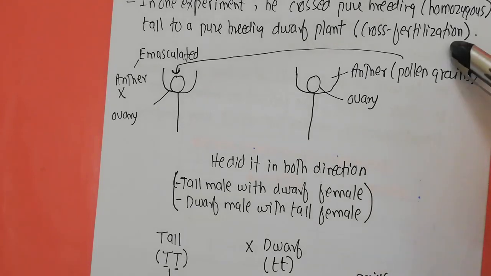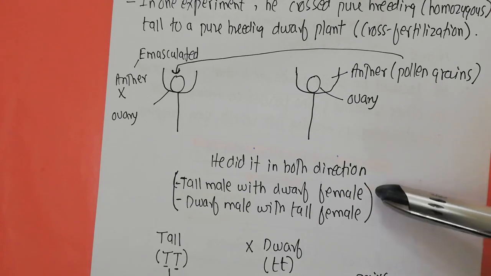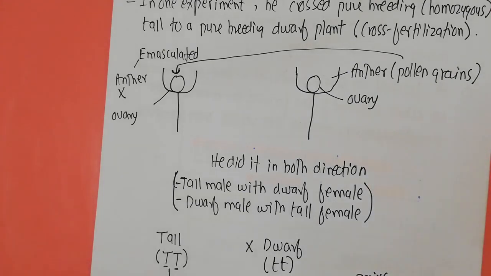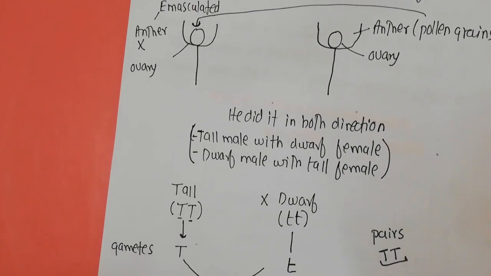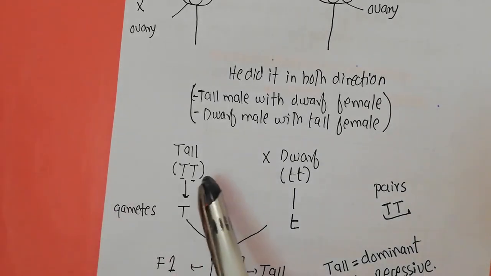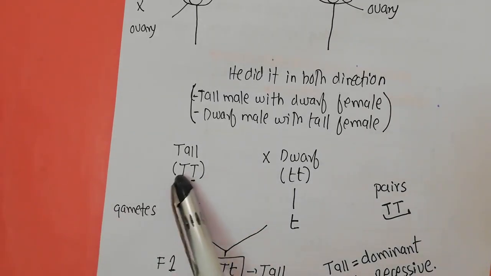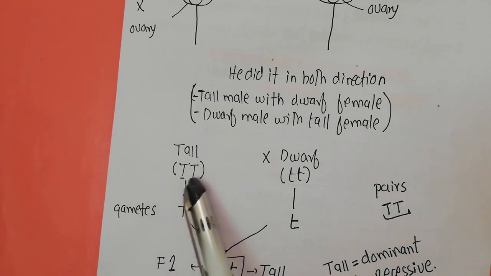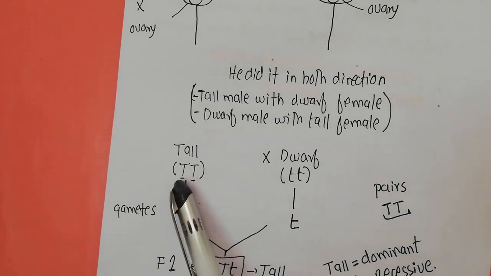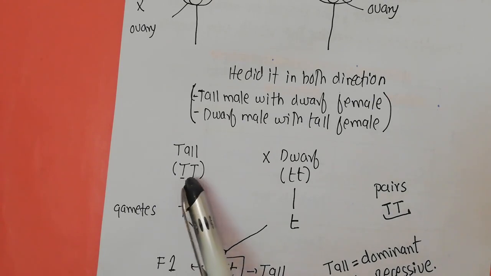He did the cross fertilization, and in the last video I told you how he did that in both directions. So his first experiment in the monohybrid crosses was that he crossed a homozygous tall plant, a pure breeding tall plant. We say it is homozygous at both loci, and both alleles in the pair are identical to each other.